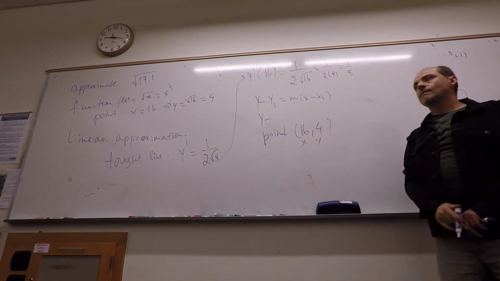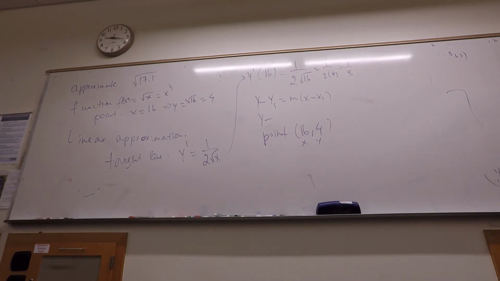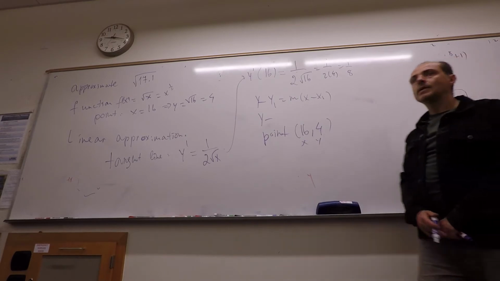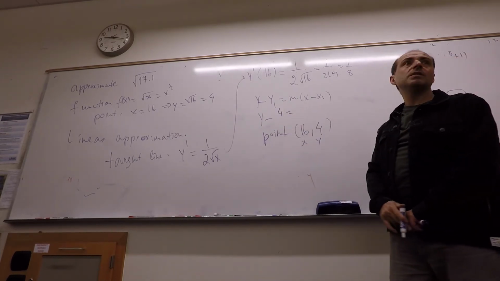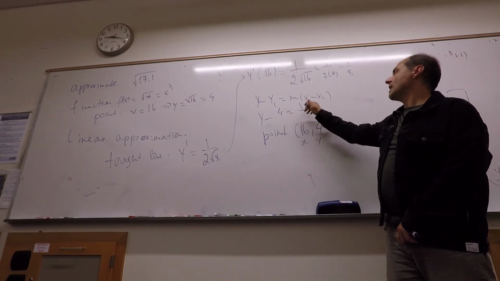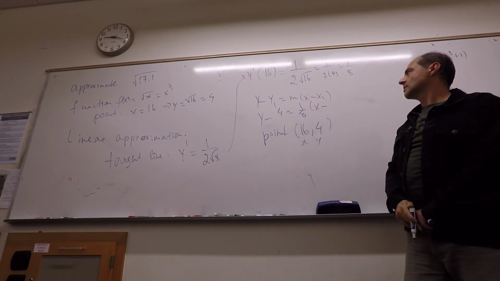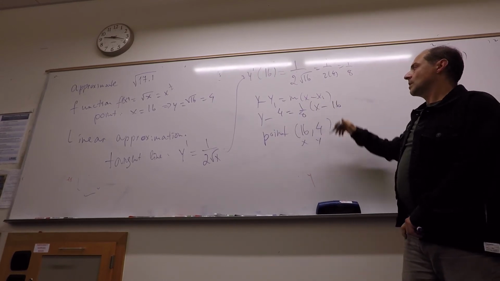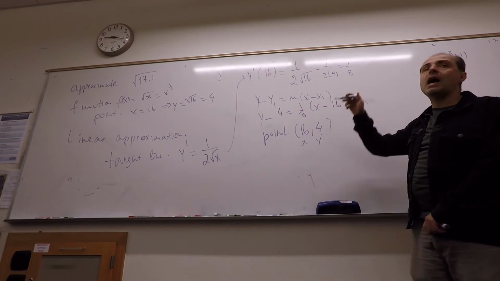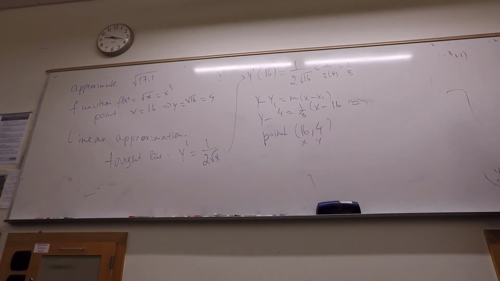X was given, y I figured out. So y minus 4 equals m, which is 1/8, times x minus 16. Now once you solve this for y, that's the linear approximation.